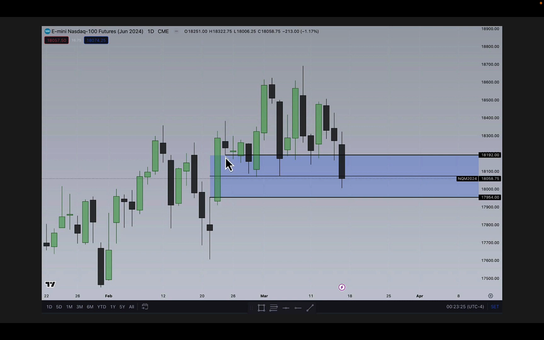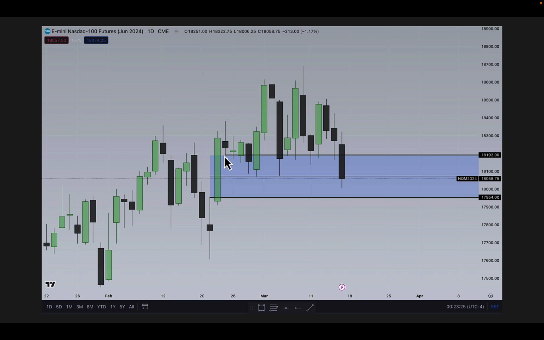And more specifically, it is a buy side imbalance. There is this big run up, this huge up close candle, and there's a sell side imbalance in here. So obviously the algorithm runs to either run liquidity or to rebalance inefficiencies in the marketplace. This would be a buy side imbalance.